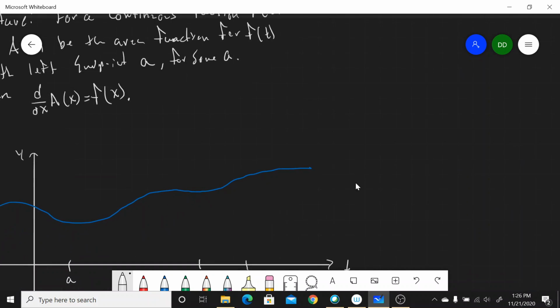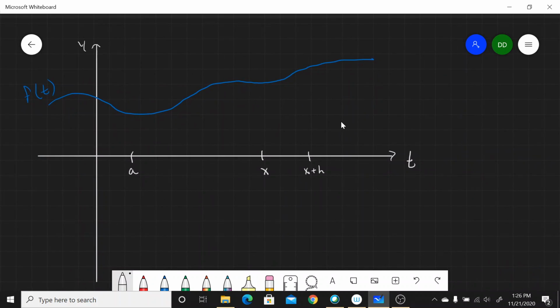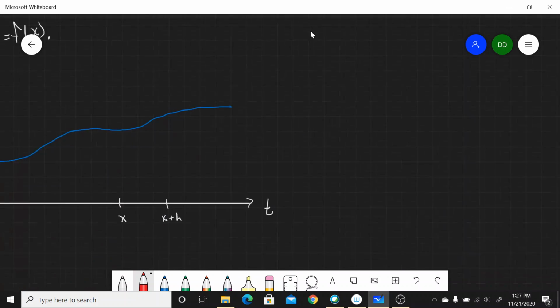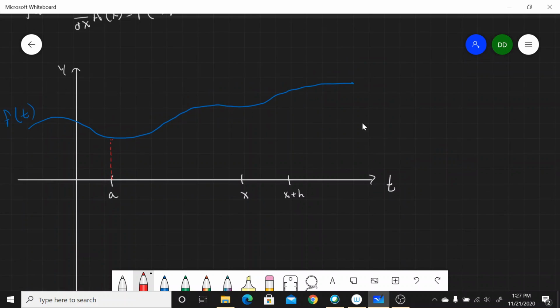So for this, I'm going to draw some pictures. So we're starting here. Here's my function f of t. It's some general function. It could dip below the t-axis. My a could be over in the negative. This is all going to turn out not to matter. This is just a general idea. So we want to get a hold of this value, A of x plus h minus A of x. So let's see here.